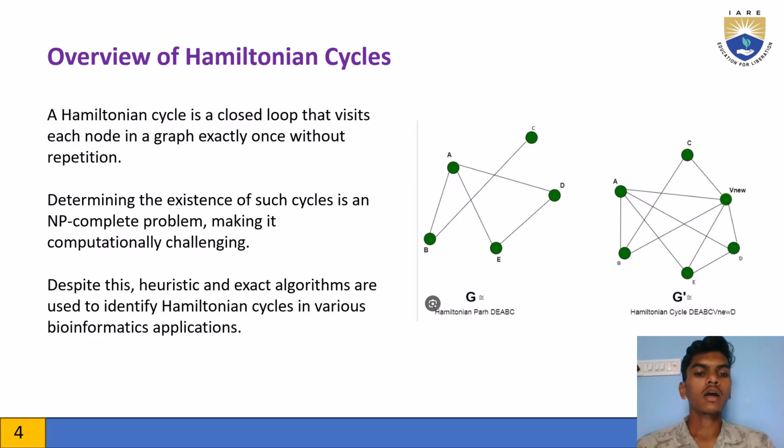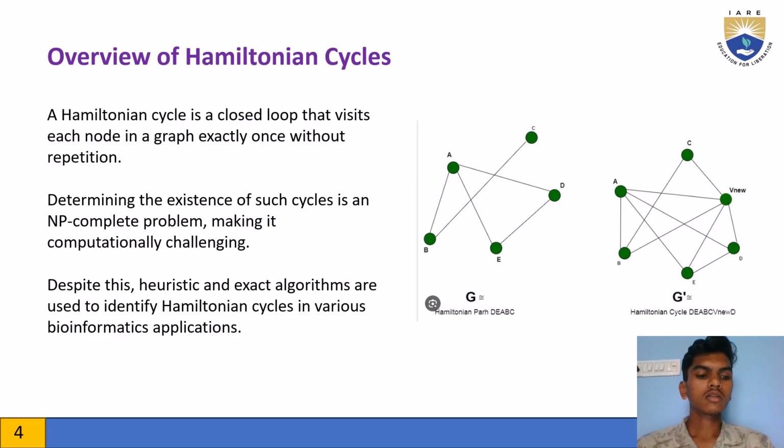Despite this, exact algorithms are used to identify Hamiltonian cycles in various bioinformatics applications. You can see the example of Hamiltonian cycles G and G dash. These two are Hamiltonian cycles which visit every vertex once.